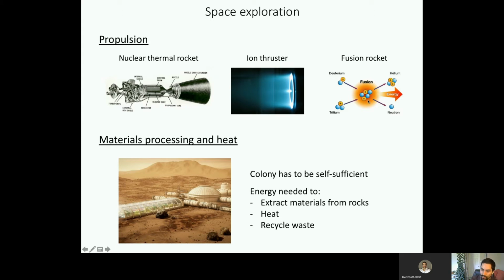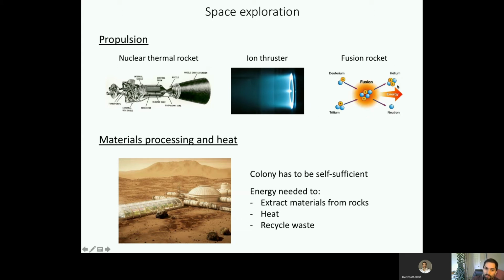So we can carry a lot of energy in a small load. In a fusion rocket, we will have the fusion happening, and then the products of the fusion reaction are the things that we are projecting out of the rocket. Because they have a lot of energy, those particles will be projected at a very high speed and would give a very quick acceleration.